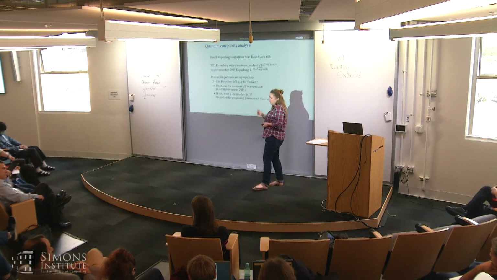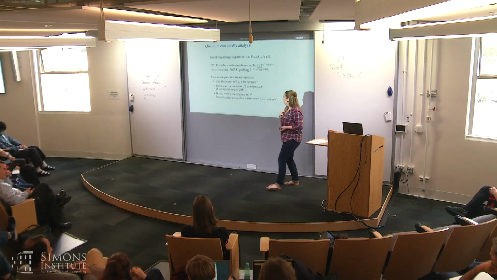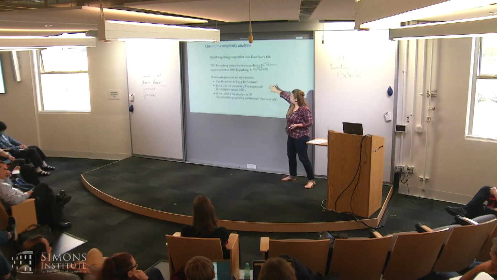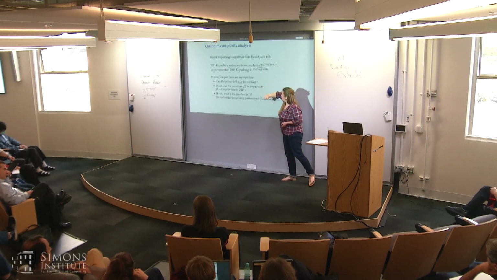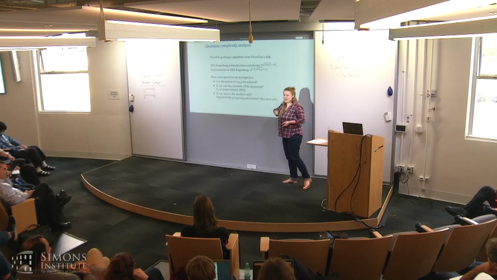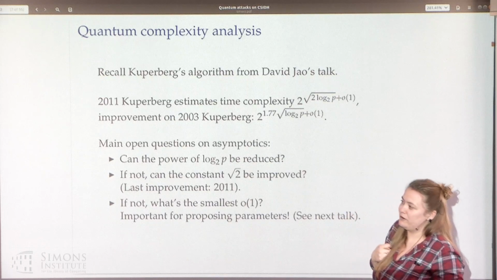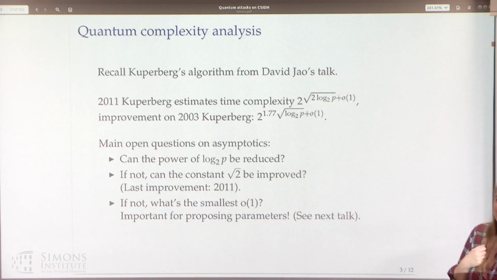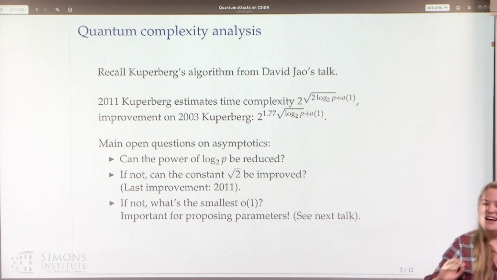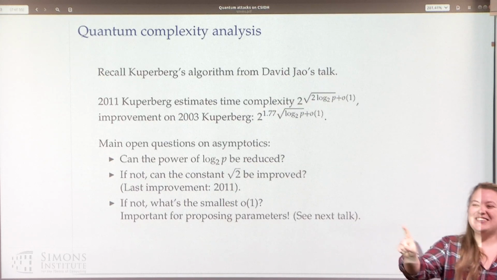OK, so I'm just going to repeat your statement for the recording. So Greg very kindly pointed out that reducing this power of log p, according to some reductions of Regev, please correct me if I make a mistake in repeating, this would actually also give a significant improvement in the best known lattice algorithms. It might give a significant improvement. Now it's on the recording.